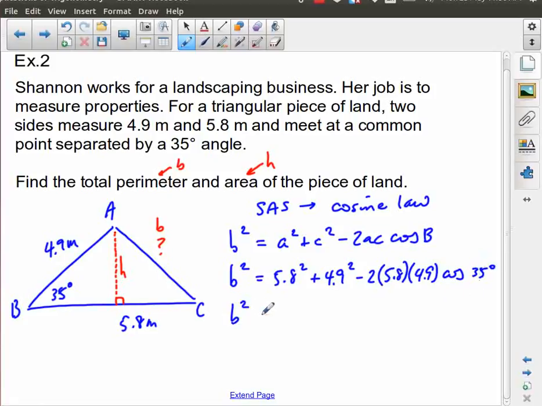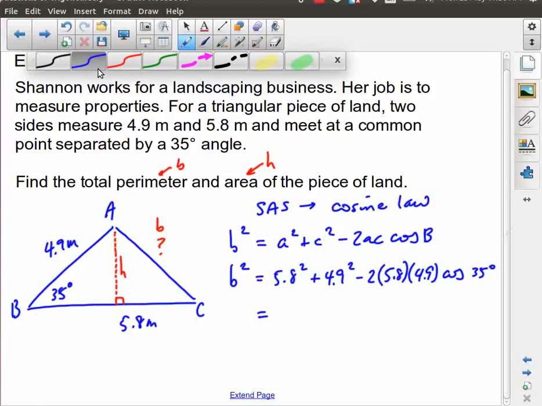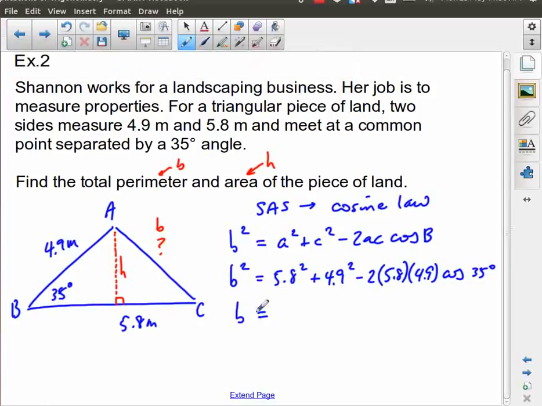So B squared is equal to, actually no, I'm going to go straight to B here. So all in my calculator, I'm going to do 5.8 squared plus 4.9 squared minus 2 times 5.8 times 4.9 times the cosine of 35 degrees, and I want to make sure my calculator is in degree mode.